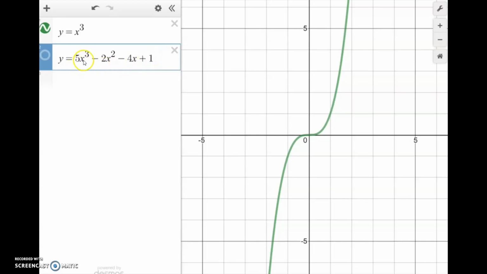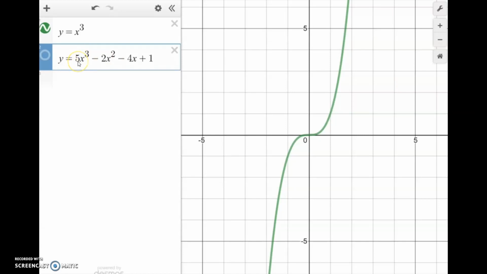A cubic function, the only rule is the highest power on x is 3. And then for any polynomial function, the powers on x can be any integer. You know, technically 0 is the power on x right here, 1 is the power on x right here, 2 is the power on x here, 3 is the power on x here, and you can have coefficients be anything.